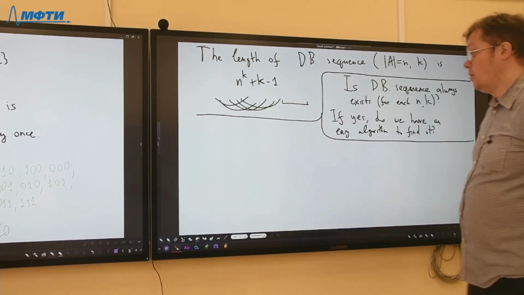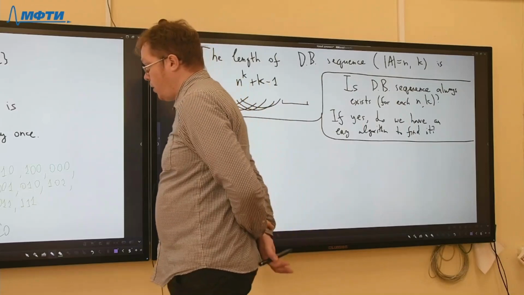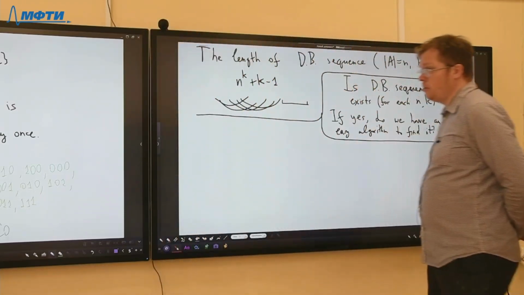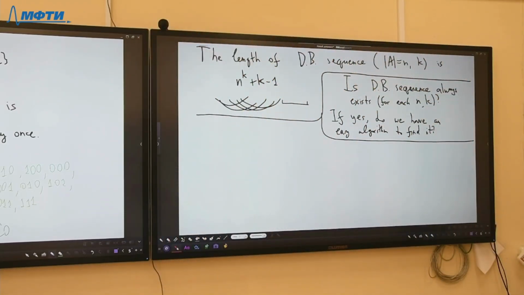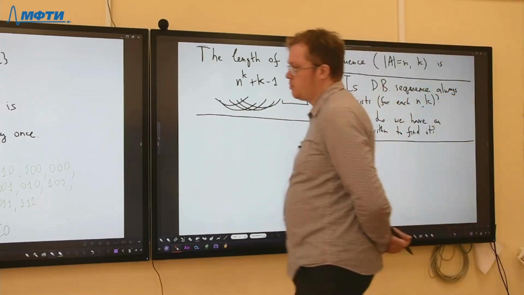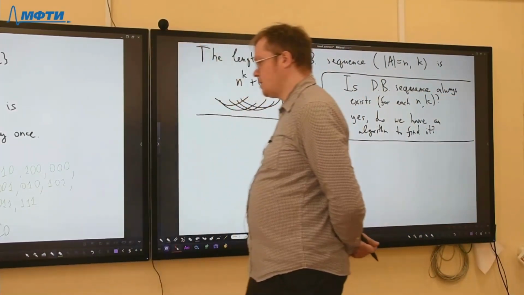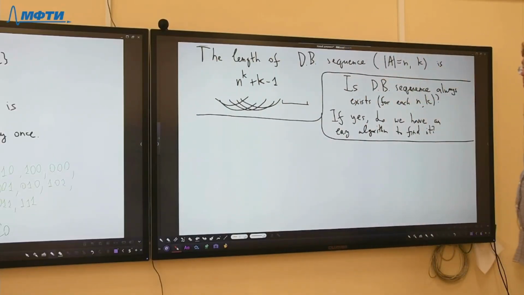First, to prove that we always have a De Bruijn sequence, I will first illustrate this by drawing a graph connected to the sequence, and then we'll discuss what it means that we have such a sequence, and why. So how we connect it to the graph, and why we can prove the existence, and then we discuss the algorithm.